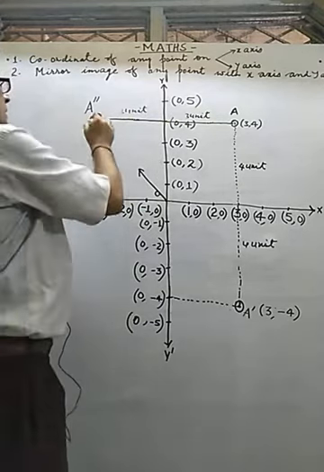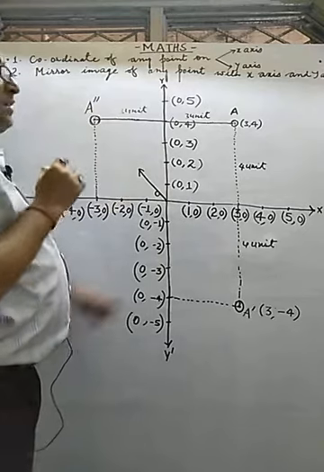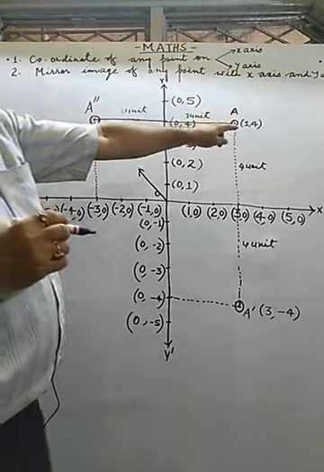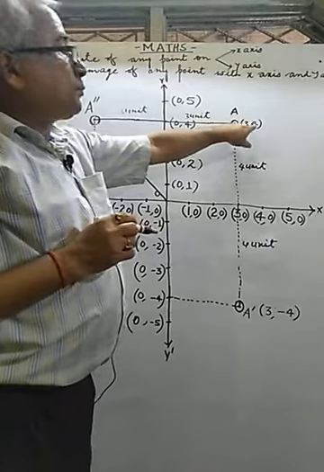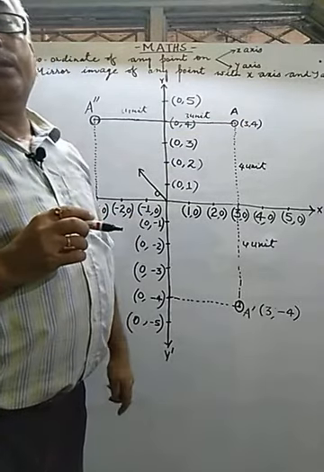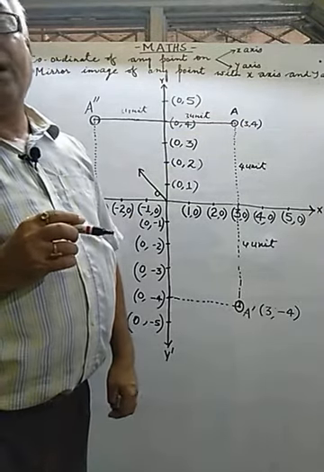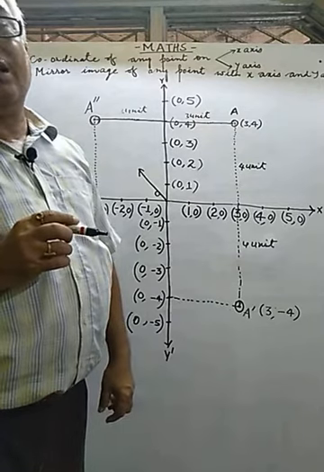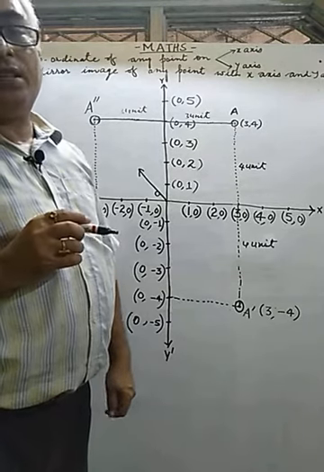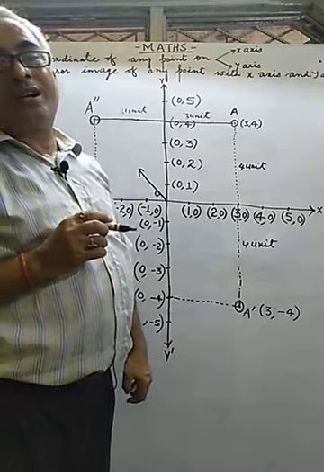This image is forming at this point. So what will be the coordinate of this point? The quantity will be the same. I told you the magnitude of this point will be the same. Only the sign convention will be changed. Their sign will be changed as per the sign convention of which one? Quadrants.